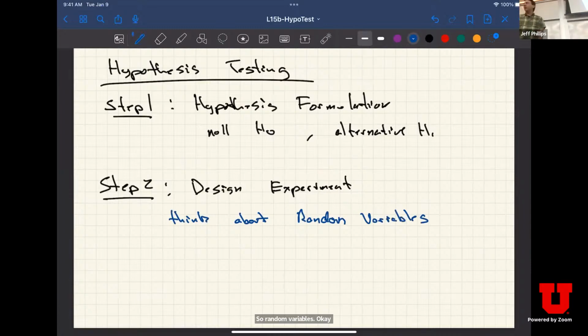I'm going to collect some random variables, x1, x2, up to xn. These are going to be some sort of observations about the world. And I'm going to think about these and say, well, what would they have to look like for me to believe the alternative hypothesis instead of the null hypothesis?